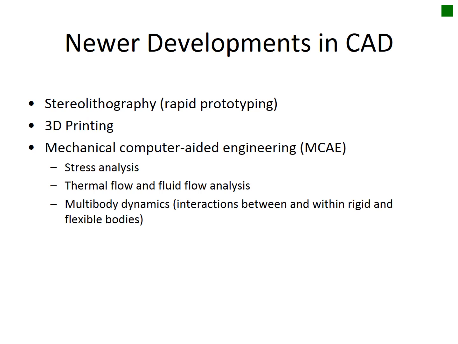Multi-body dynamics. So if we have different components working with each other, different pieces of a product that interact with each other, we want to make sure that they interact properly. And if they're moving parts, if they're flexible, if they're non-flexible, and so forth, multi-body dynamic testing is something that can work there.